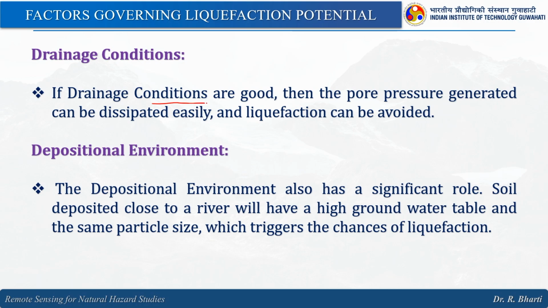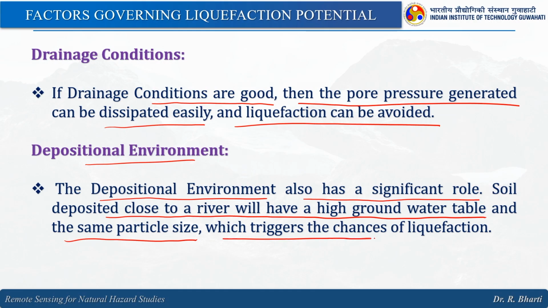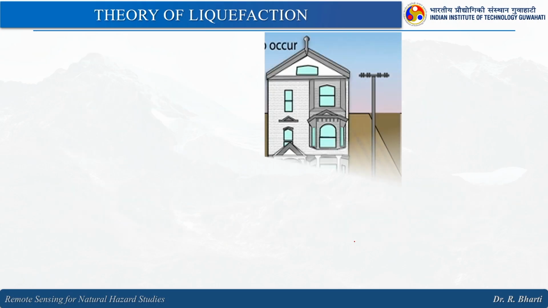If the drainage conditions are good, then the pore pressure generated can be dissipated easily and liquefaction can be avoided. When we talk about the depositional environment, it also has a significant role. Soil deposits close to a river will have a high groundwater table and the same particle size, which triggers the chances of liquefaction, right. So, under different environmental conditions, the same soil can have different potential of liquefaction.